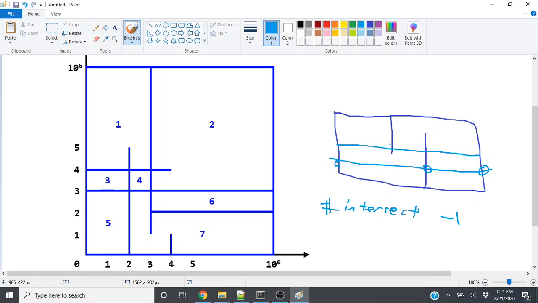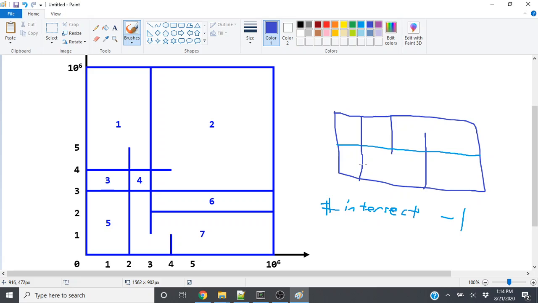If it intersects 4, it'll create 3, etc. So it's the number of intersections minus 1. And there's one other case we have to consider, that a vertical line goes from the bottom of the square to the top. In that case, obviously it creates another region by itself. So that's another special case we have to check for.